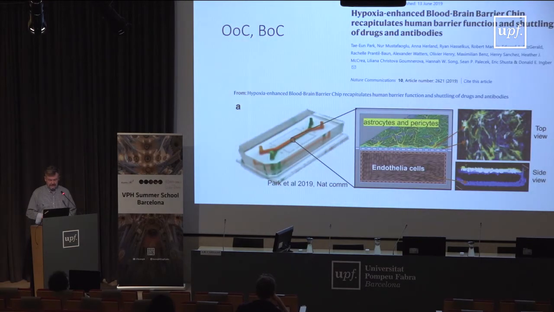For example, this is one example where they have part of the brain. So there are astrocytes, pericytes, and endothelial cells, looking at how the endothelia, that is the blood vessel part, and then the brain part, the astrocytes and pericytes, that are important for controlling the throughput of the blood-brain barrier.